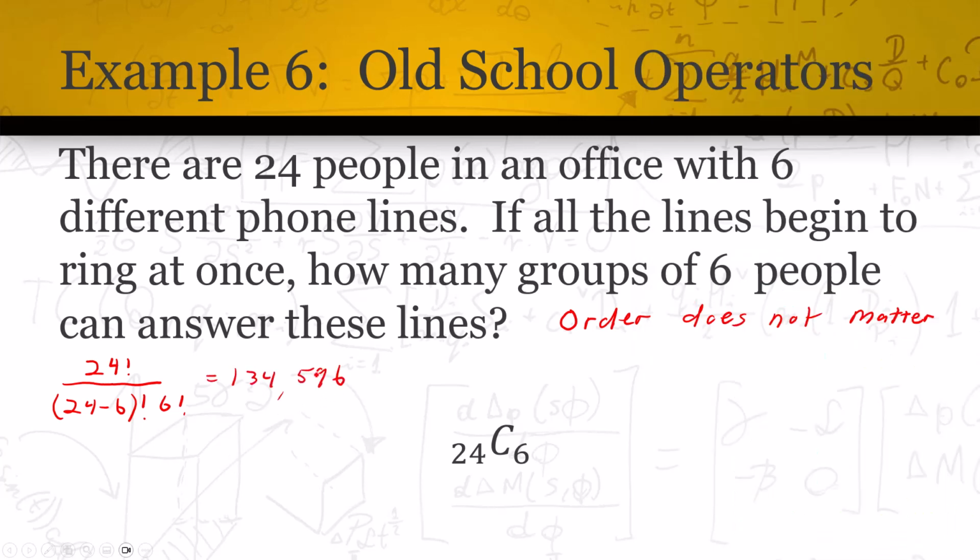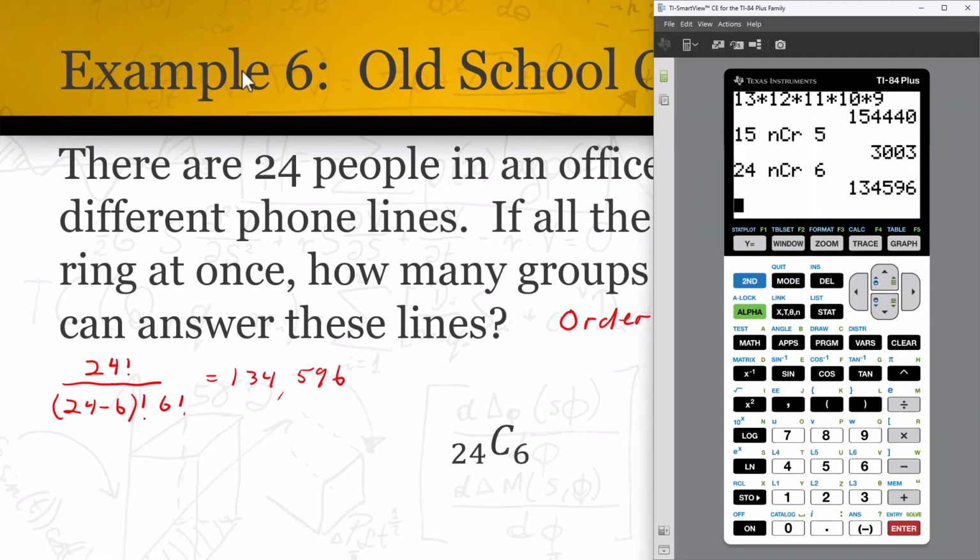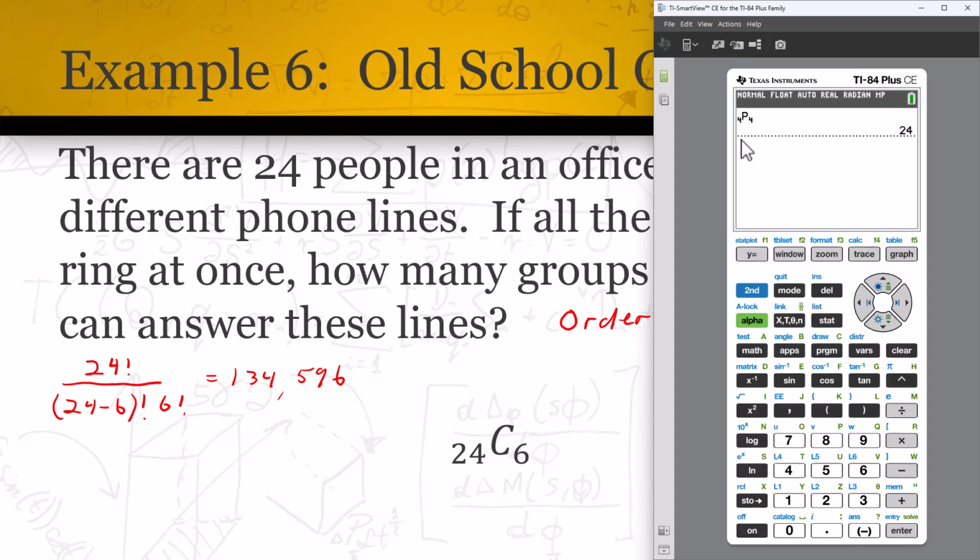Now, if you have one of those newfangled calculators, let me bring that newfangled calculator up. The way you'd want to do that is, instead of putting in the 24 first, just go into math, go over to probability, go down to nCr, put in 24 there, move the cursor to the next subscript, put in 6, and there's your answer, the exact same thing.